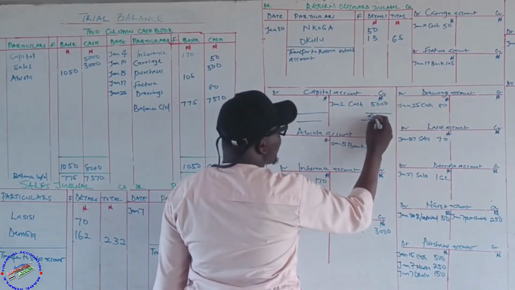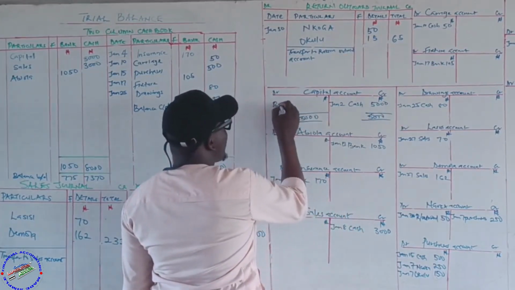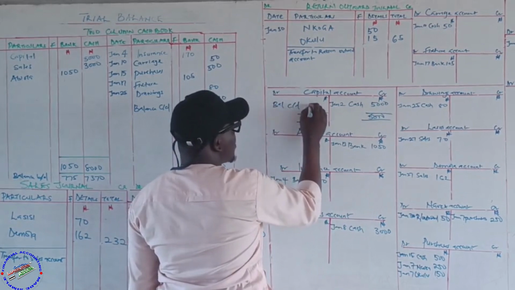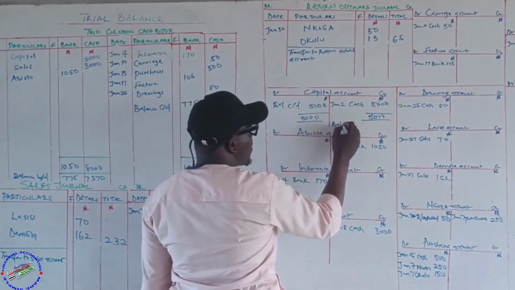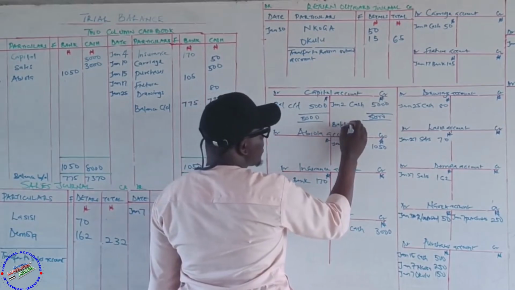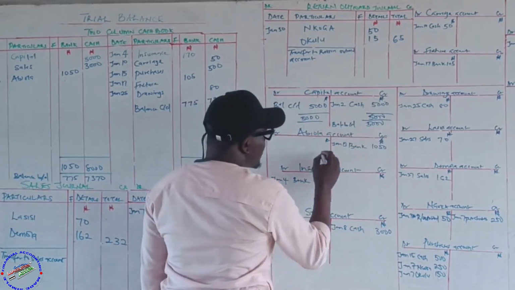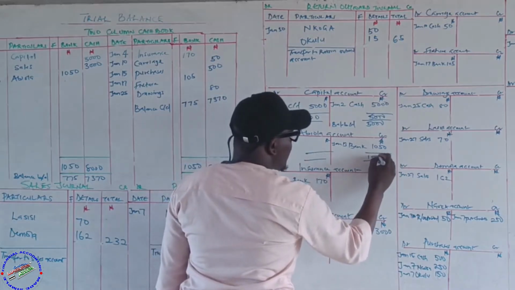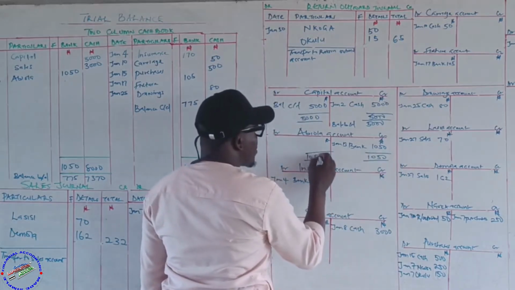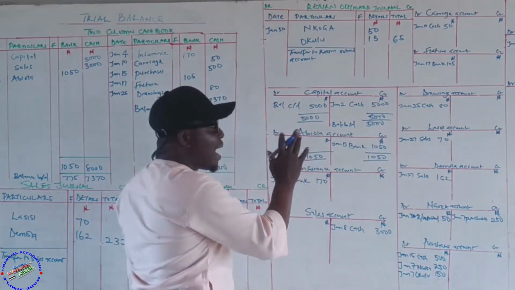So we have 5,000, 5,000. We have balance carried down, 5,000, and balance brought down, 5,000. The same thing is applicable to Abiola. We have 1,050 naira, 1,050 naira. What we are doing is what we call balancing of account.